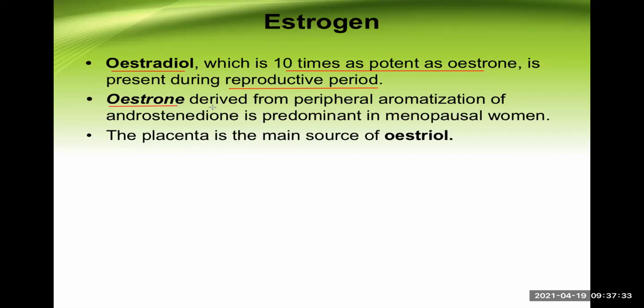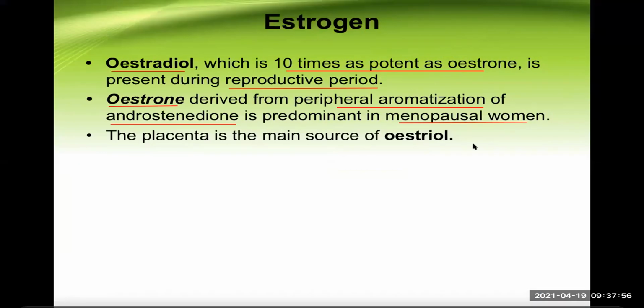Estrone, on the other hand, is derived from peripheral aromatization of androstenedione. This is a sex steroid, or you can say this is a type of androgen, which is predominant in menopausal women. Now see that in menopause, the ovaries do not function well. So what is the source of estrogen then?